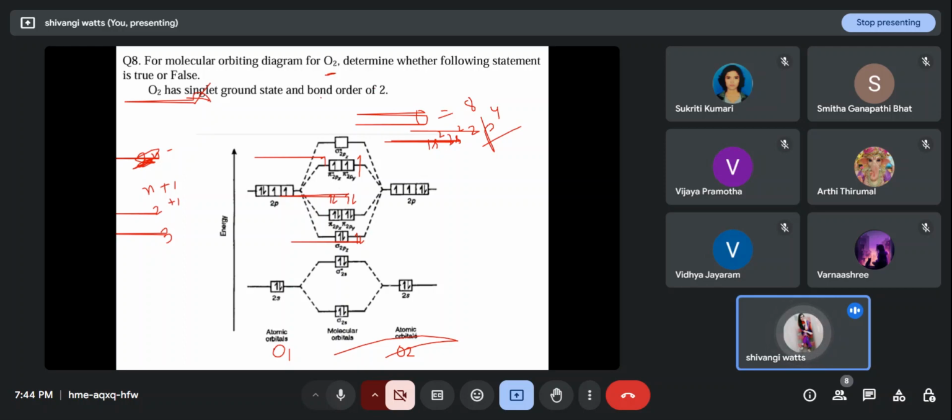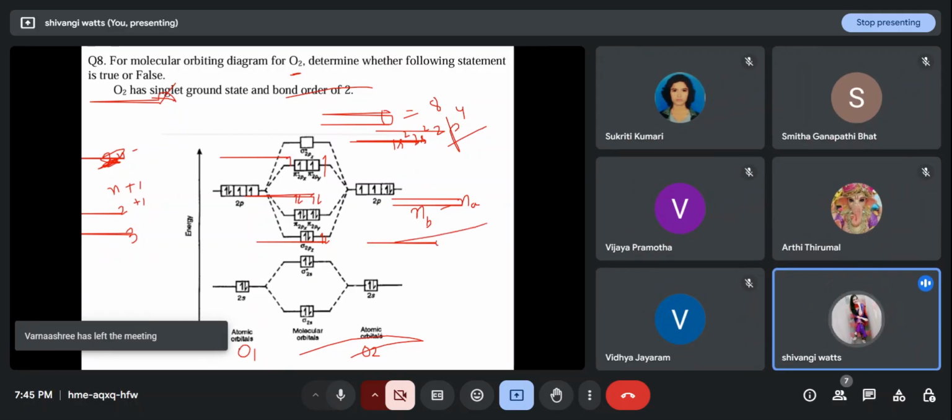But if we will see the bond order, it is the number of electrons present in the bonding orbital minus the number of electrons present in the antibonding orbital, divided by 2. So if you will see, these are bonding orbitals, this is bonding, this is also bonding.